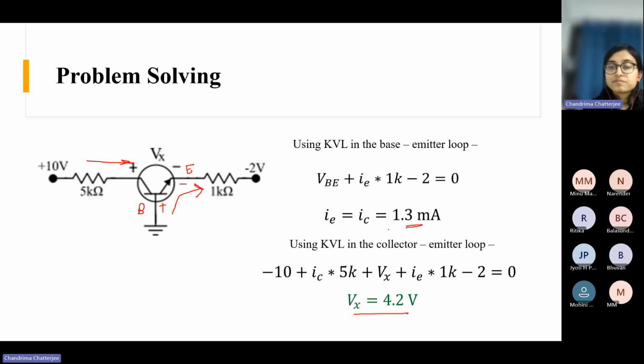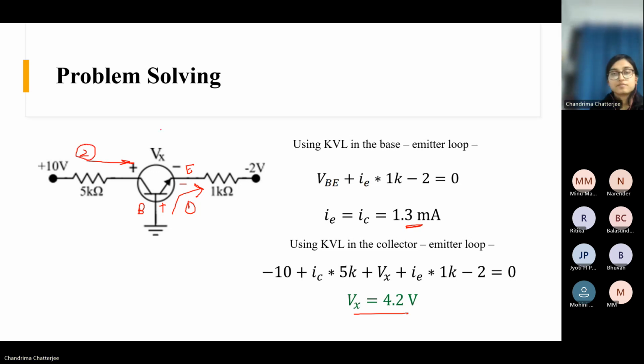Is this okay? Have we calculated the value of Vx? Just KVL equations: one in the base emitter loop, then one in the collector emitter loop. So from the two KVL equations, we can find out the value of Vx.